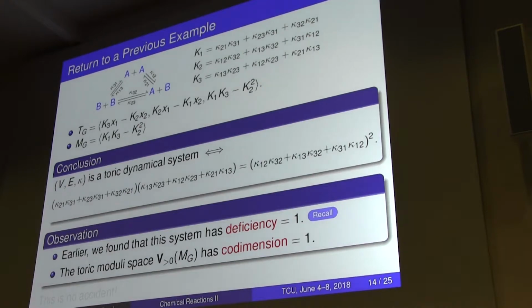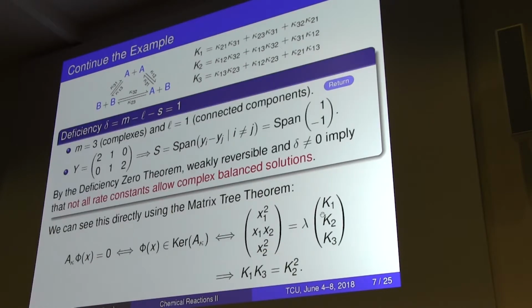Now here's an interesting observation. This is a system we looked at earlier, and earlier we computed its deficiency. Right here, we computed deficiency and found it's 1, just for that system. Remember, the deficiency theorem doesn't apply.